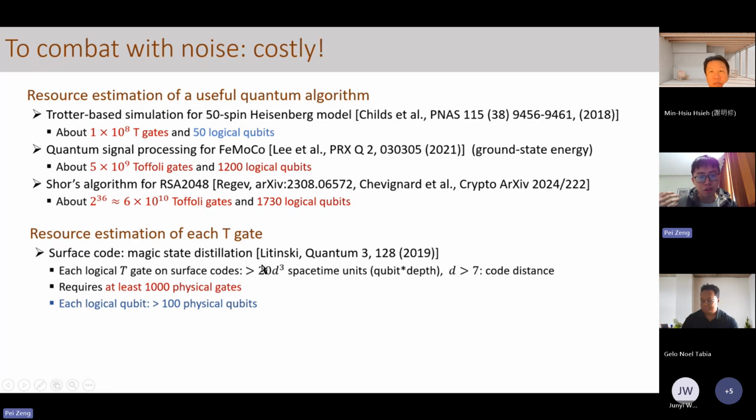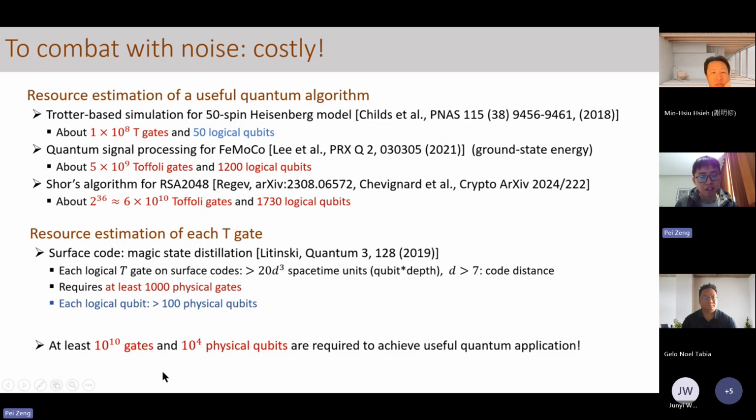Of course, nowadays we also have cultivation, but if you consider magic state distillation, if you want to do a logical T gate, you still require a lot of physical gates. So taking all this resource into consideration, if you want to perform a useful quantum algorithm, you will need at least 10 to the 10 gates and 10,000 physical qubits. So this is still quite scary, and seems too hard to achieve in the near term.